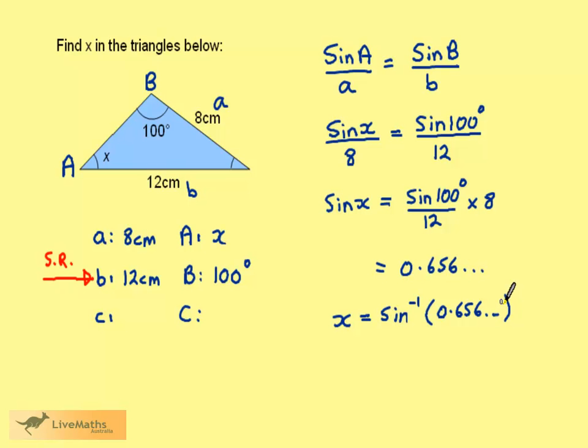You should check that you can do this on your calculator and produce the same result, which is 41.036 and so on, which is 41.0 degrees, correct to 3 significant figures.